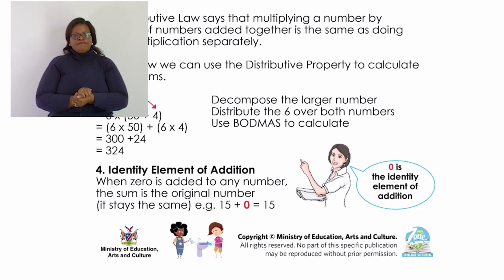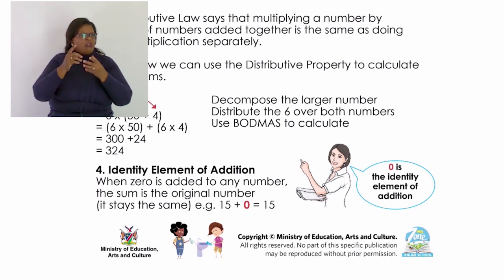Also at number 4, we need to know the identity elements of addition. And if you look, there's a picture of a learner or a teacher trying to explain what is inside that message box. 0 is the identity element of addition. 0, which is written in red, is the identity element of addition.